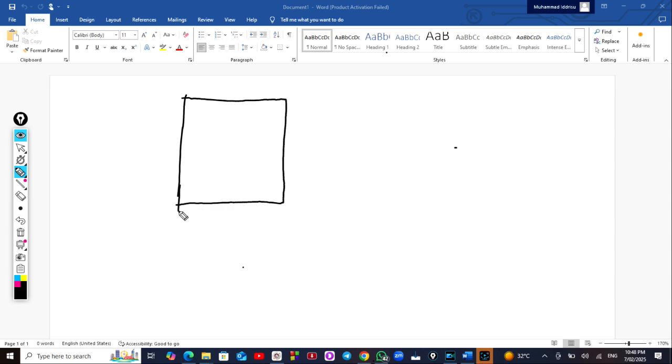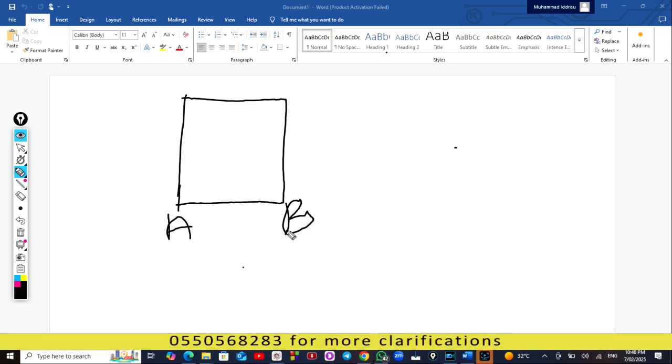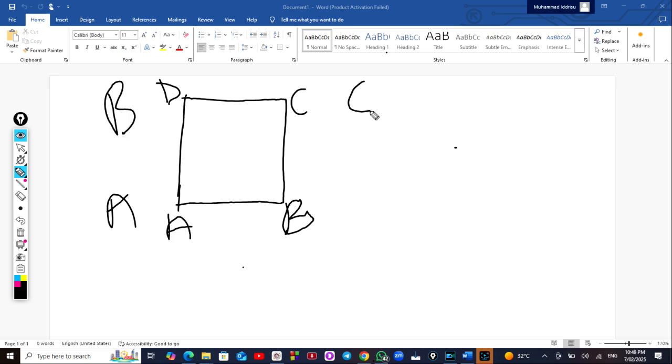ABCD. If you put your A here, B here, C, D, you see how I'm packing it? A, B, C, D. You can also make it this way. Equally, you can start here, A, B, C, D, but arrange it in the way they said it. You don't put A here and put B here.